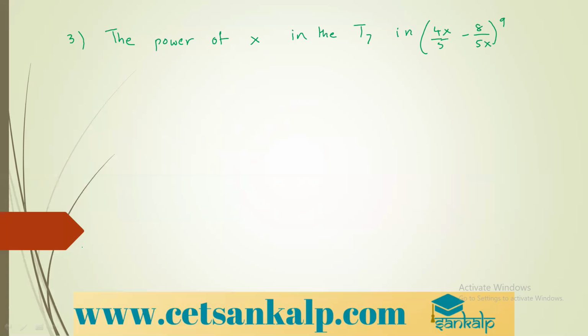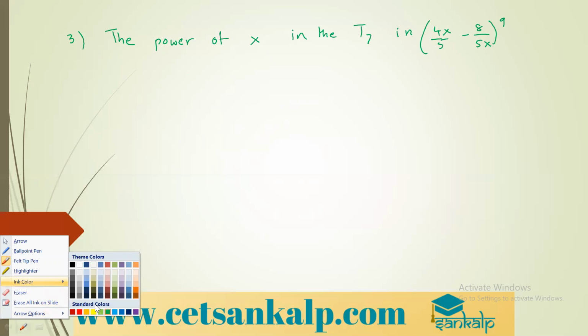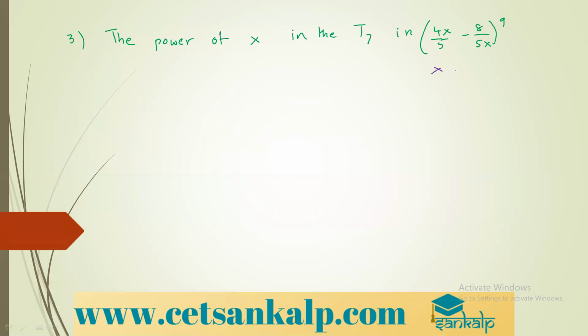So again, I have to use the formula. To use the formula, what shall we do? We will take (x plus a) whole power n. That means x is 4x by 5, a is minus 8 by 5x, the power n is 9.